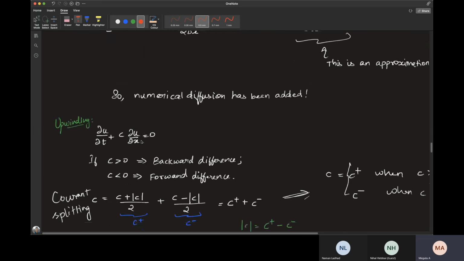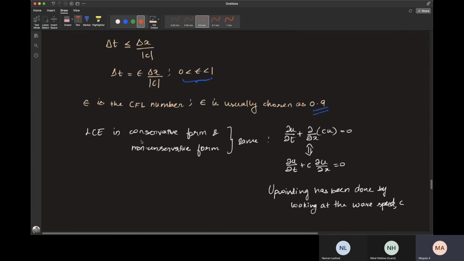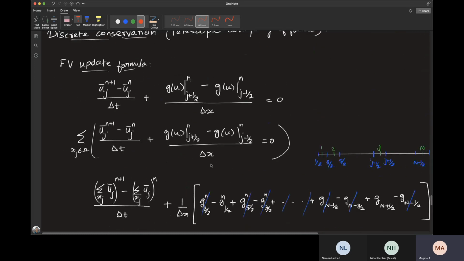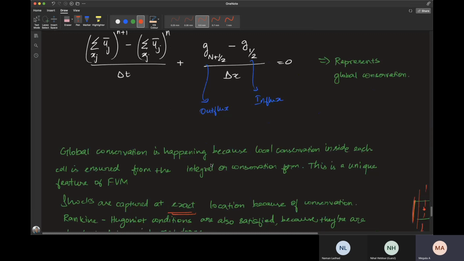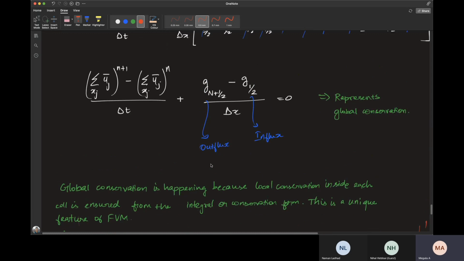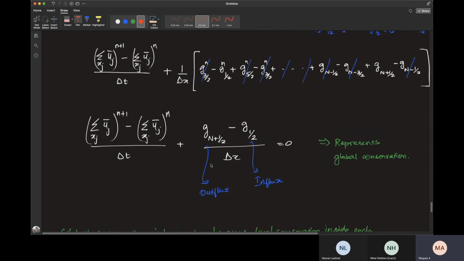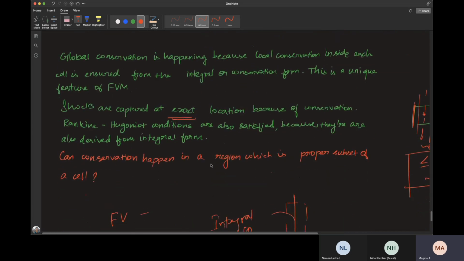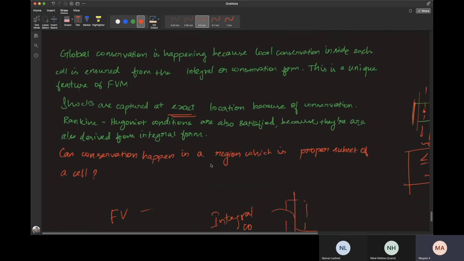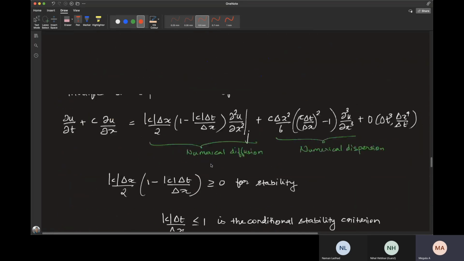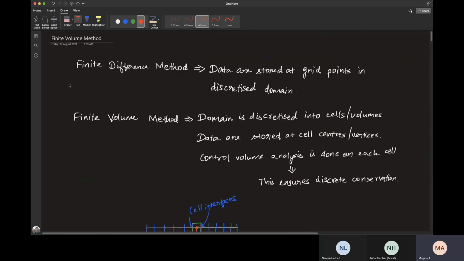And then we went to this telescopic collapsing, the discrete conservation, global conservation. The conservation inside each cell led to conservation of the whole of u inside the whole domain. Then we talked about how Rankine-Hugoniot conditions can be easily satisfied in the integral form of the conservation law, that is, the finite volume framework. So these are some of the technicalities of the finite volume method.